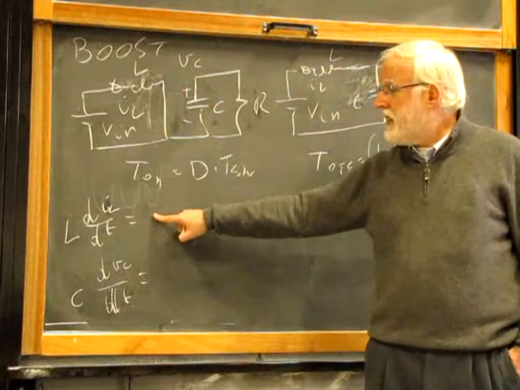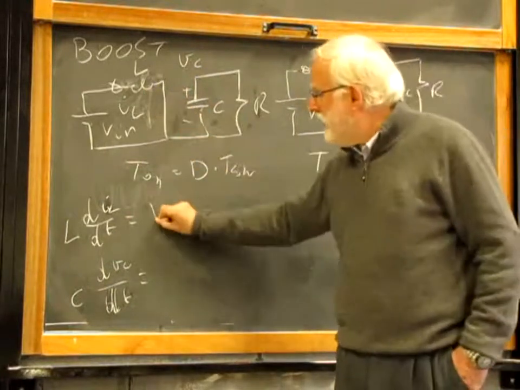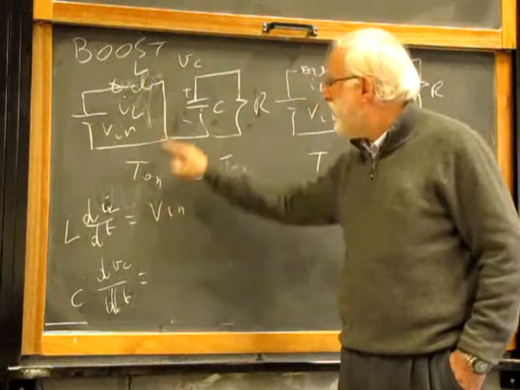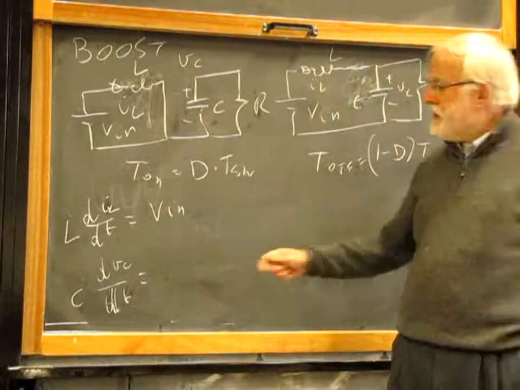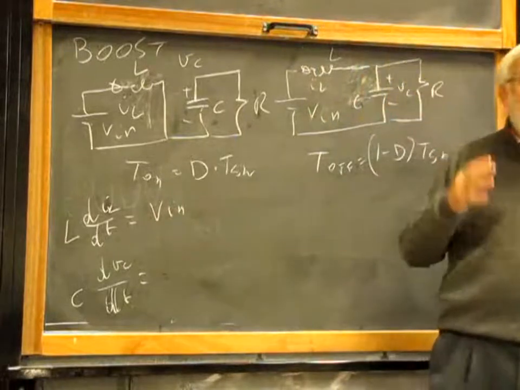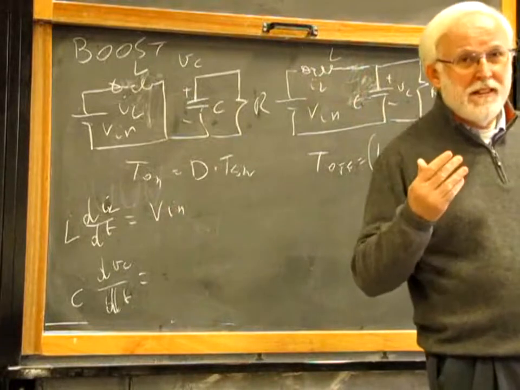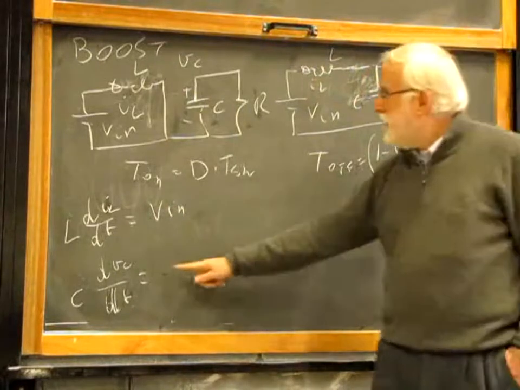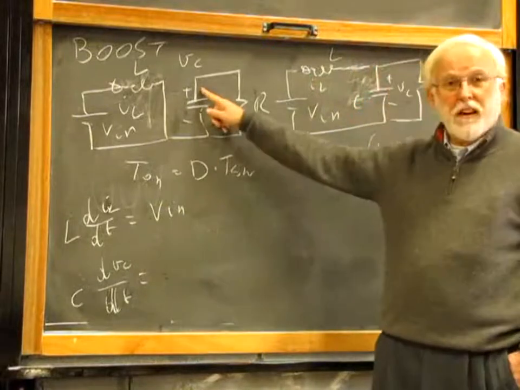And the voltage across the inductance over here is just Vin. The rules to write down the state space equation is that on the right hand side you can only use the state variables or the inputs, nothing else.